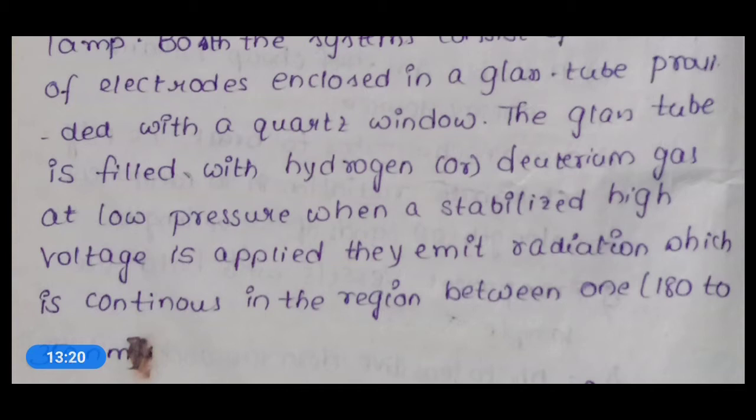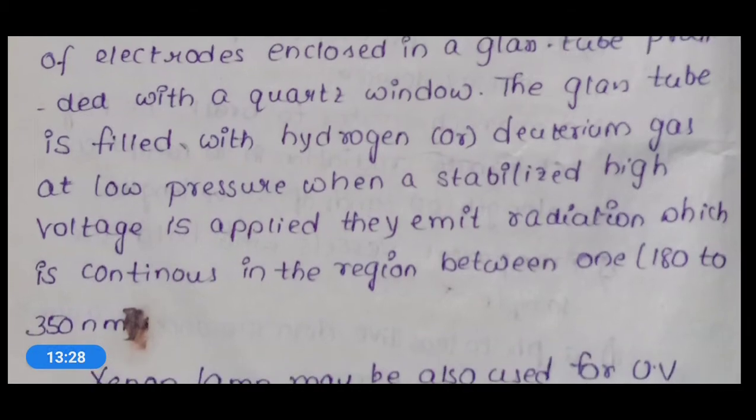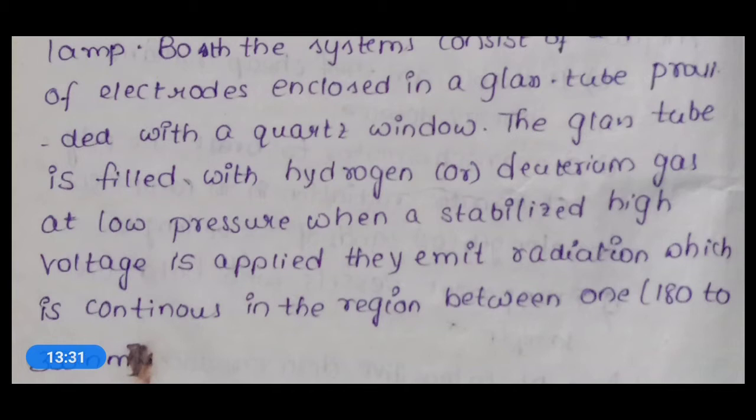When a stabilized high voltage is applied, they emit radiation which is continuous in the region between 180 to 350 nanometers. Here, this glass tube has a quartz window and is filled with hydrogen or deuterium gas. If the bulb is filled with hydrogen gas, it is called a hydrogen bulb, and if it is filled with deuterium gas, we call it a deuterium bulb or deuterium lamp.